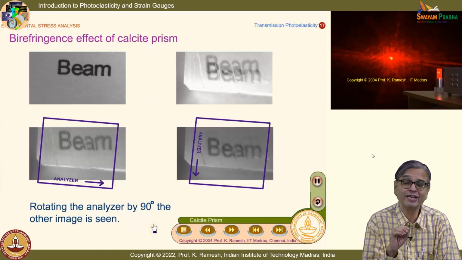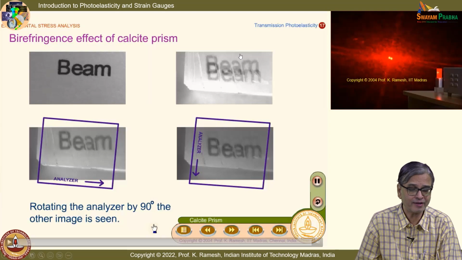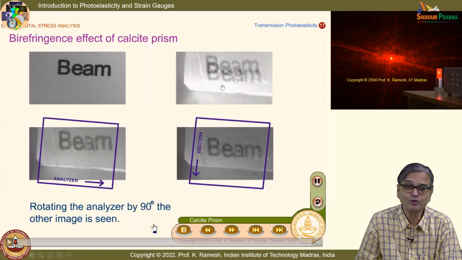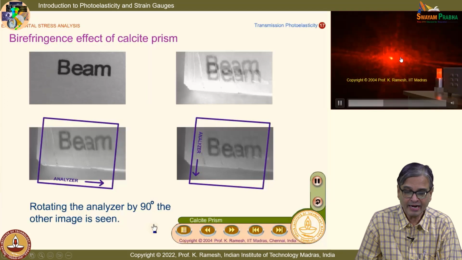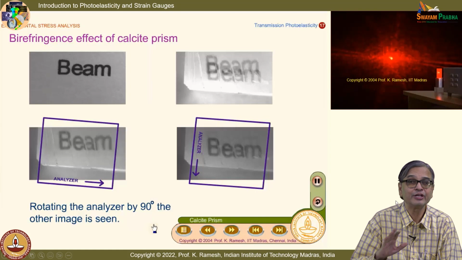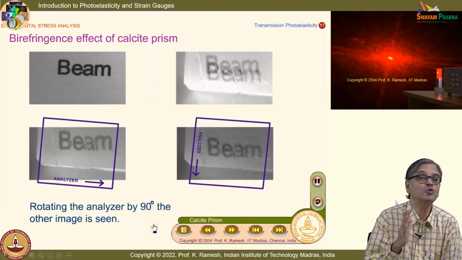Fine. So, to illustrate this, we have put a calcite crystal and looked at 2 images, and you are able to segregate these 2. And this shows that when you rotate the crystal with respect to the incident light, these 2 beams are seen.